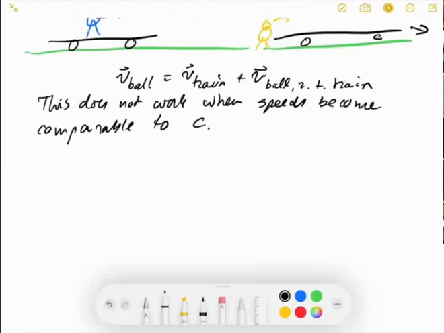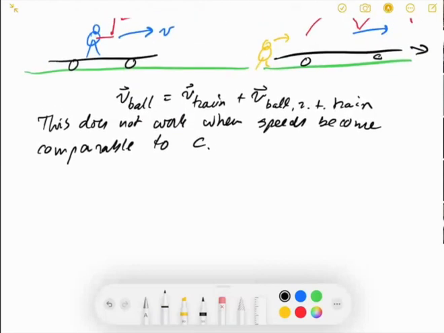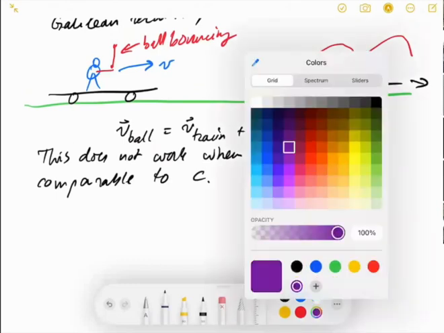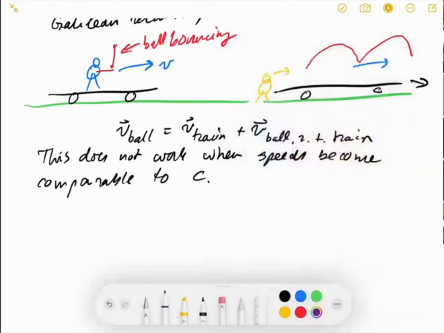Well, okay, so now we're doing the same thing, but now instead of throwing a ball, we're shining a flashlight. So I need another color. I think it's time to whip up my purple. Okay, so flashlight, ray of light. This is light. And now I see the same ray of light going to the right.